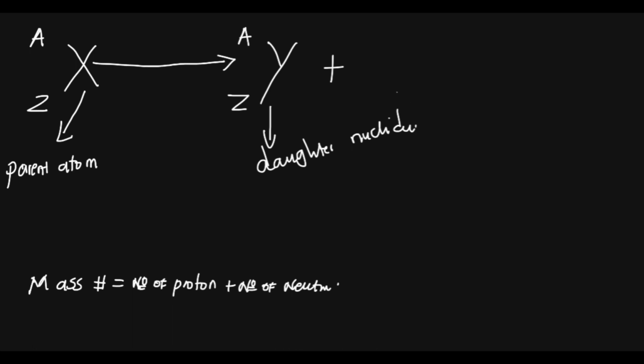Then from there, we also have to look at what process has caused the parent atom to change into the daughter nuclide. This is what we call transmutation. This is just the changing of one element into another by radioactive decay. Now let's begin with the alpha. So alpha decay.